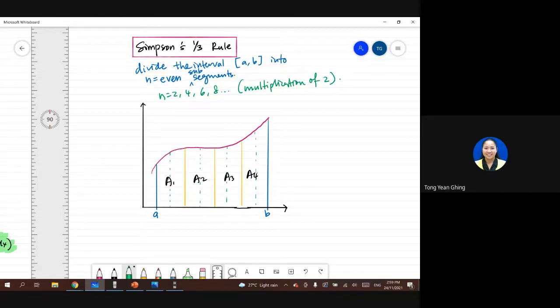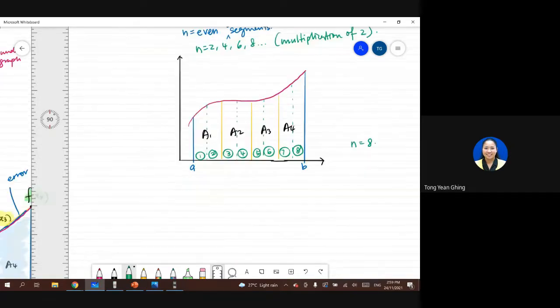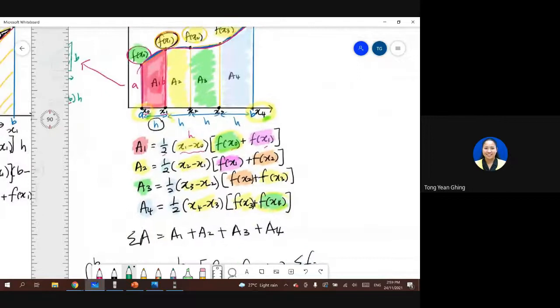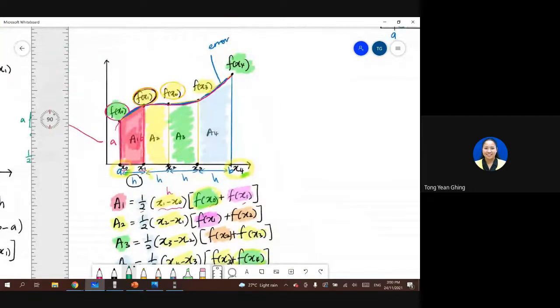Kalau tengok sini saya ada berapa subsegment n? Saya akan ada 1, 2, 3, 4, 5, 6, 7, 8. Now my n is 8 already. Yang tadi pun sama, boleh juga. Kebetulan tadi saya pecahkan kepada 4, so here n is 4.